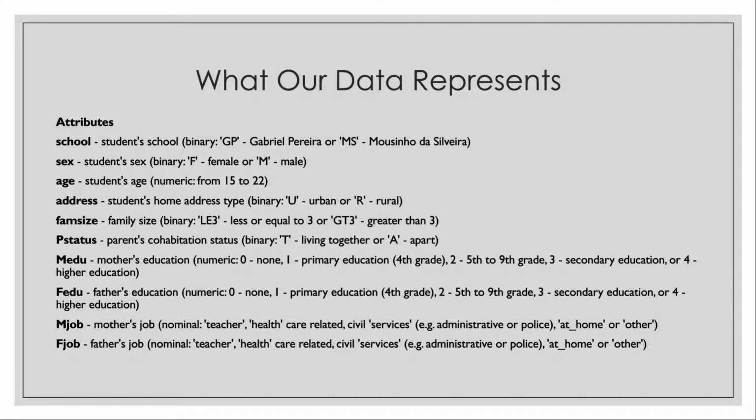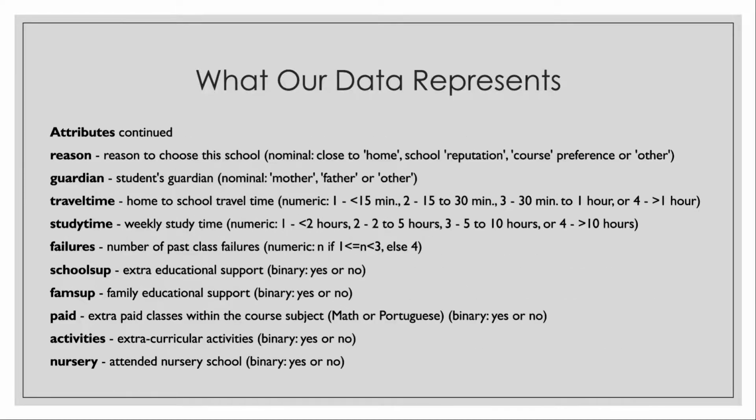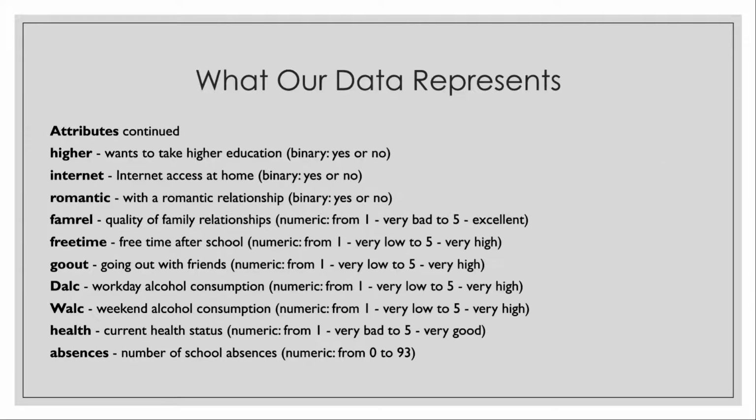So here's the breakdown of our attributes in the data set. We have school, the student's sex, age, address, family size, the mother's education, father's education, etc. Here are more attributes that are contained in the dataset, and then these are the last 10 that the dataset contains.